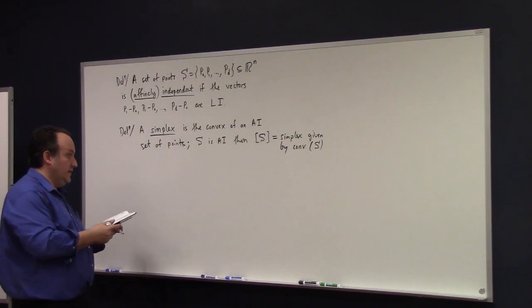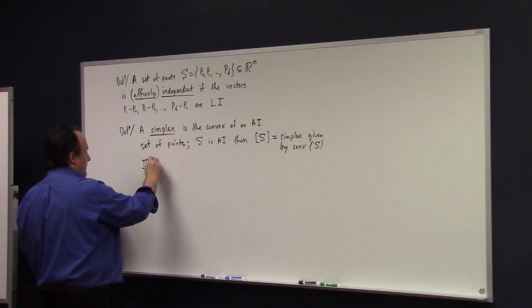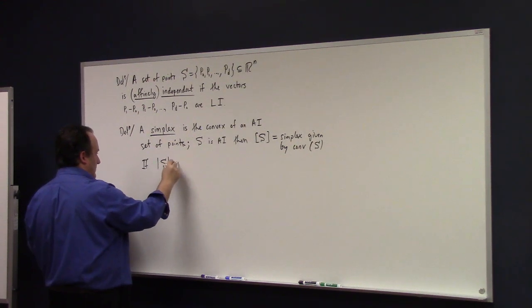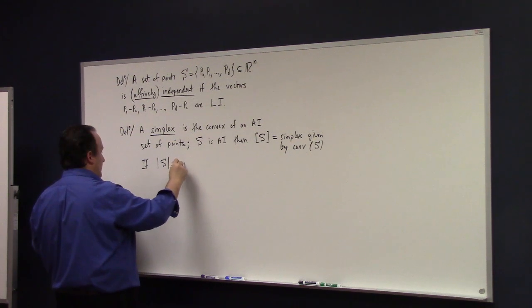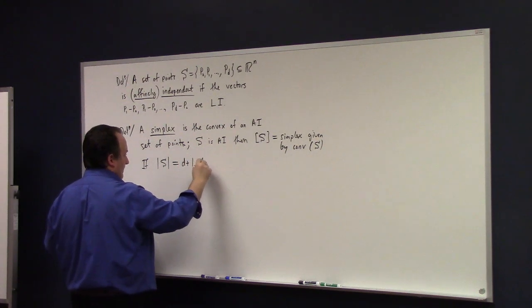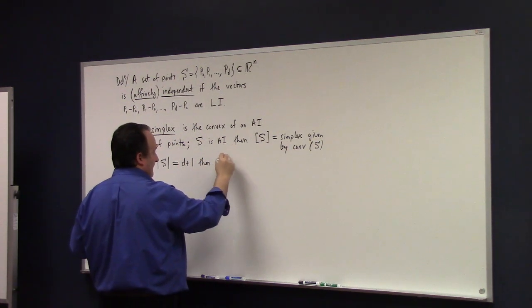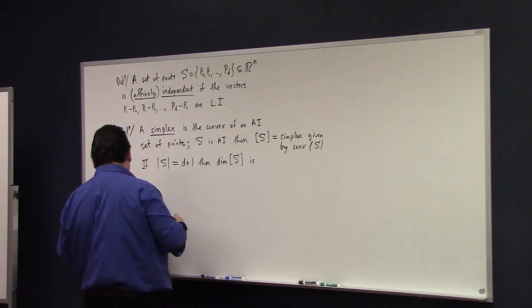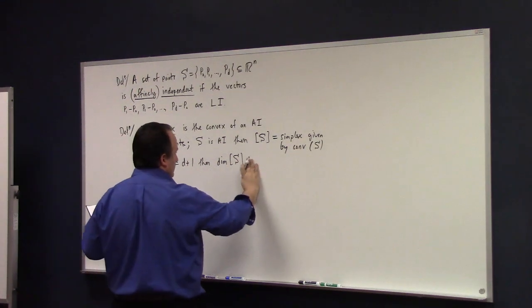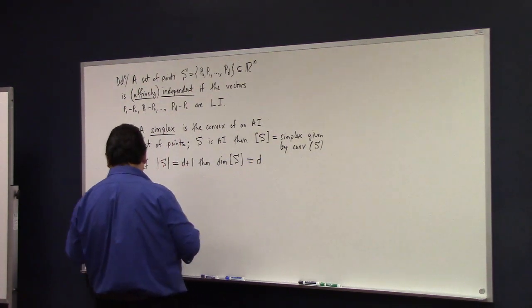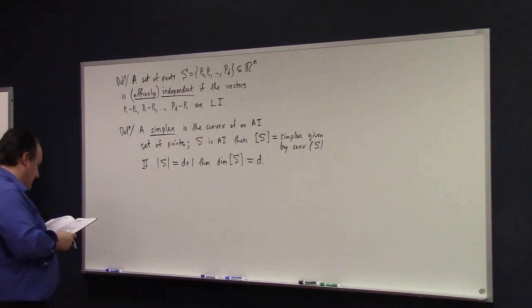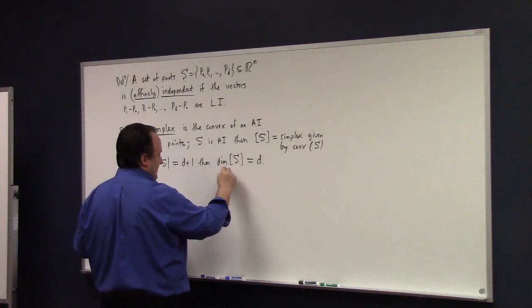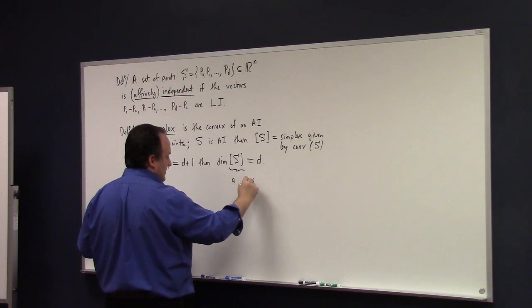If the cardinality of the set S is equal to D plus 1, then the dimension of the simplex is D. And in this context, we'd call this a D simplex.